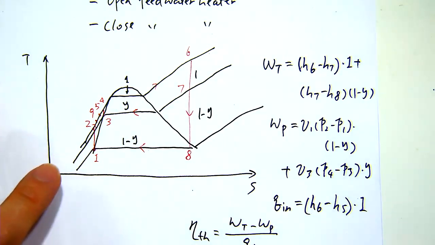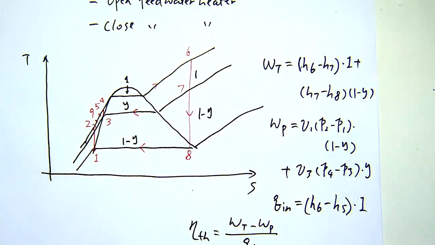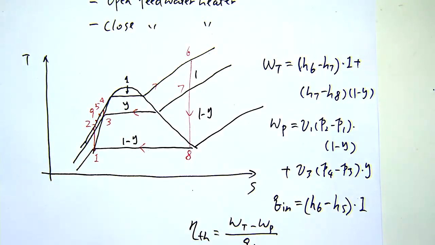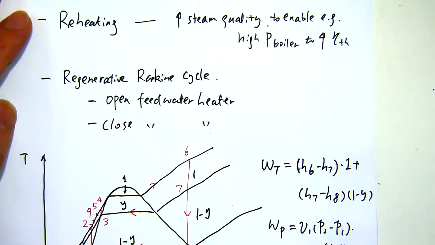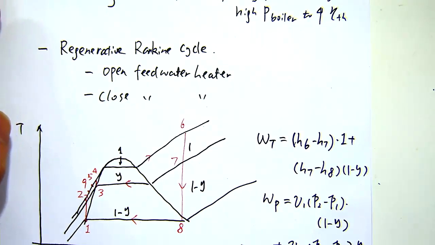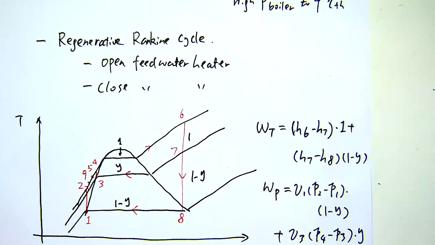So the TS diagram looks quite complicated, but if you understand how this process goes step by step, then in terms of calculation, it's not difficult. You just need to check with the property table to find the right number for the calculation. Right? So that's basically the case that we discussed, that you can modify the Rankine cycle to make the process more thermally efficient in terms of the energy conversion.